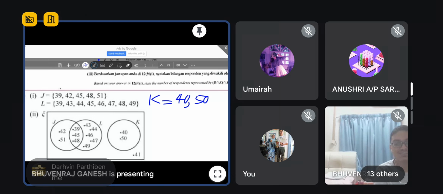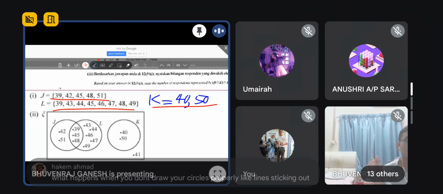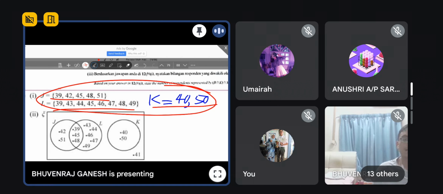Okay, I give you all some technique. You see over here, JKL, all these numbers. First of all, you determine which number is common to all three of them. Is there any number that is common to all of these three? Adakah ada nombor yang ada dalam ketiga-tiga set ke tak? Yes or no?